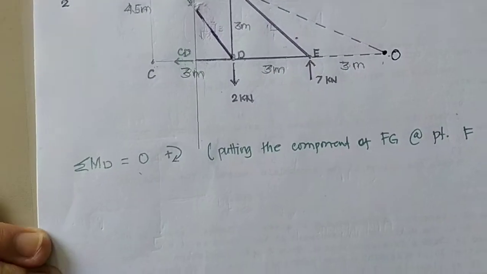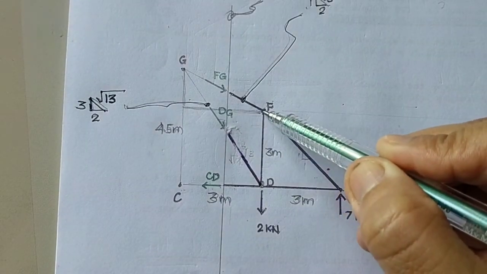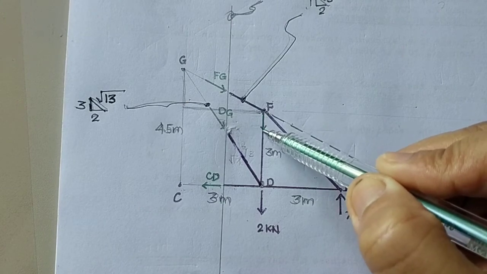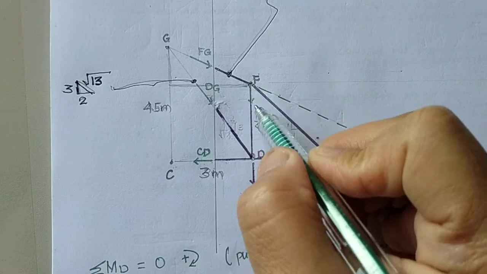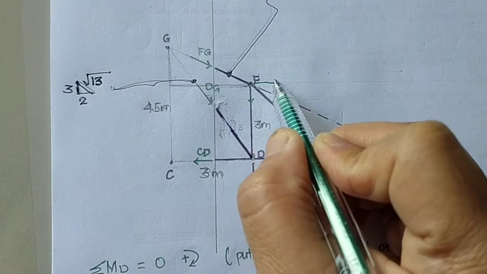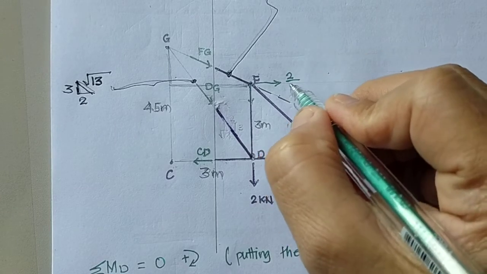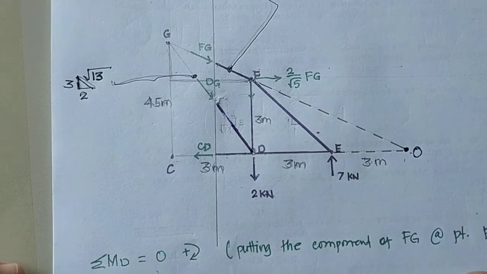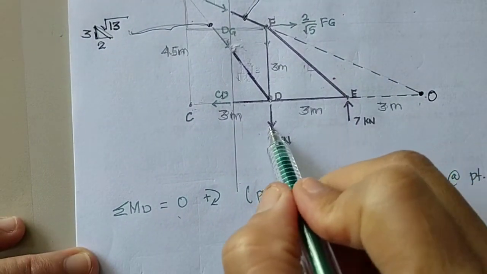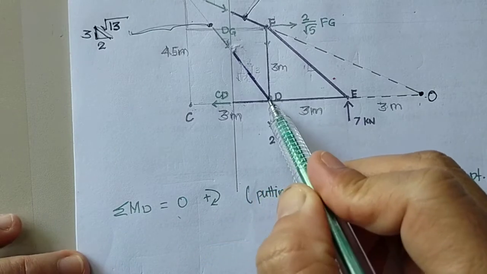Okay, so because the vertical is concurrent to point D, it will be 0 because it has no moment arm. So here is the 2 over square root of 5 FG. So let us proceed. So DG is 0 at this point.